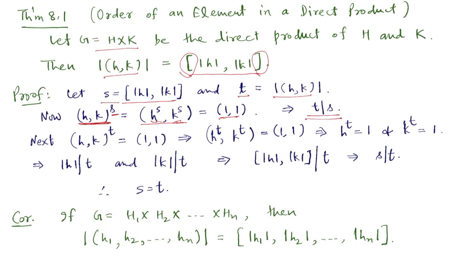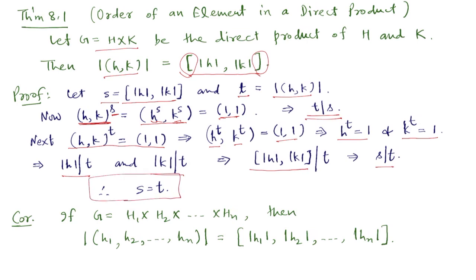On the other hand, if we take (h, k) raised to the power T, which is (1, 1), we get that (h^T, k^T) is (1, 1). So that means h^T is 1 and k^T is also 1. That means the order of h divides T. Similarly, the order of k divides T. And if both are dividing T, then their LCM is also dividing T. So that means S divides T, and so these two are equal.